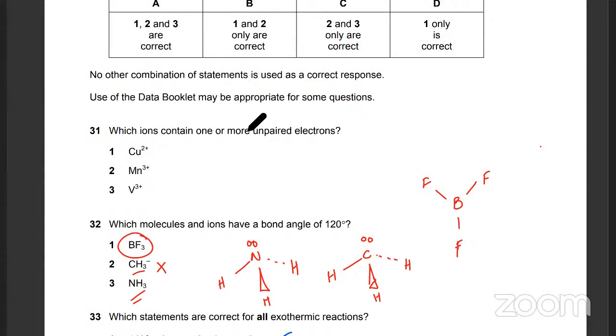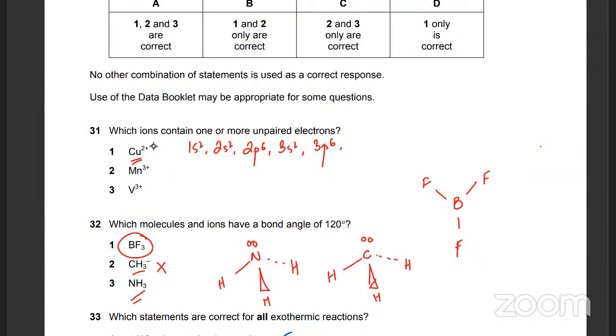Which ions contain 1 or more unpaired electrons? So for this, you have to do the whole transition metal thing. Copper has 29 electrons. So 2p6, 3s2, 3p6. What comes after 3p6 for copper?